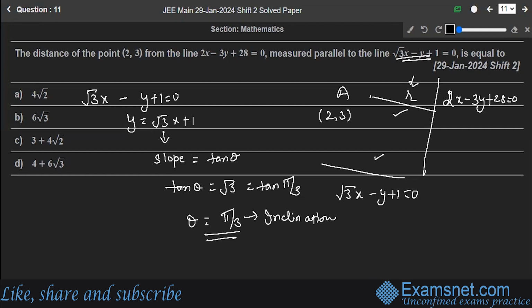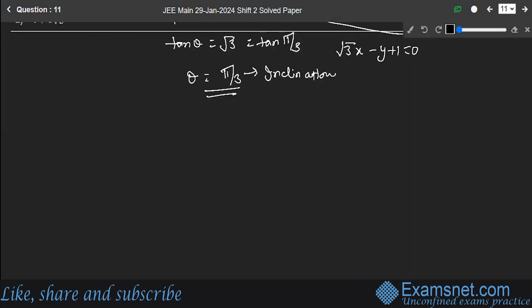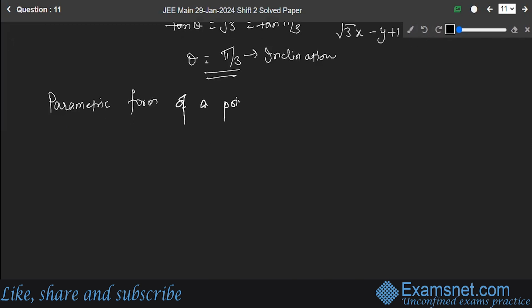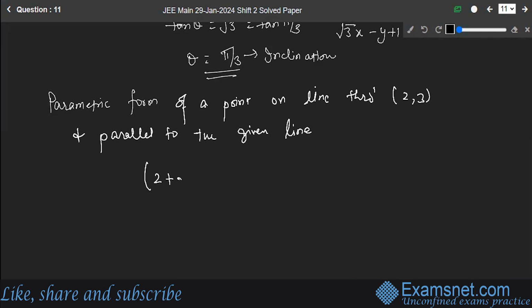Now, any point on the line through (2, 3) and parallel to this line, if I write it in parametric form, is given by 2 plus r cos theta, 3 plus r sin theta.